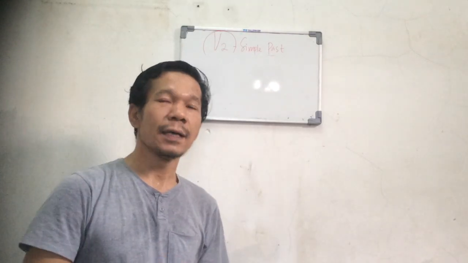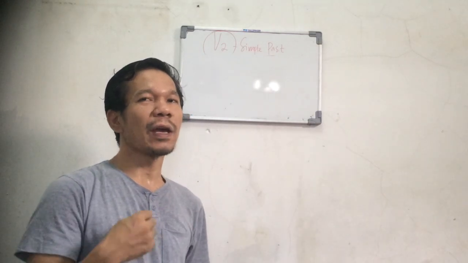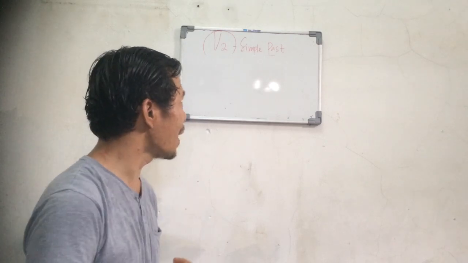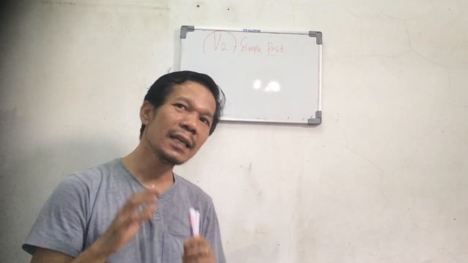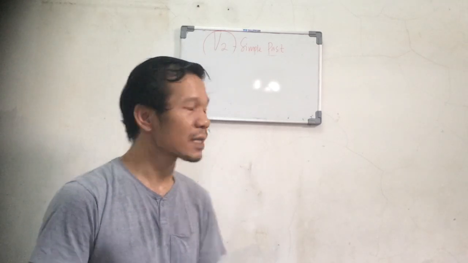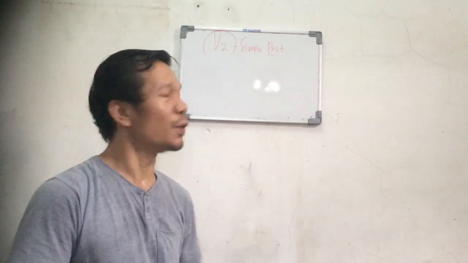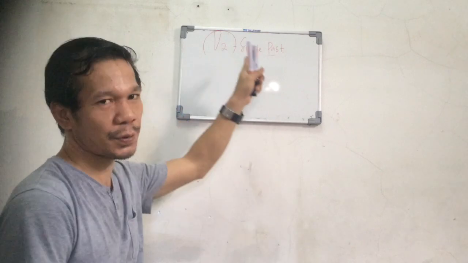Simple past tells about past experiences. If we use a verb in simple past, we use verb 2. From 16 English tenses, only simple past uses verb 2.